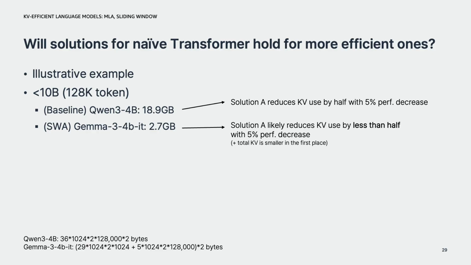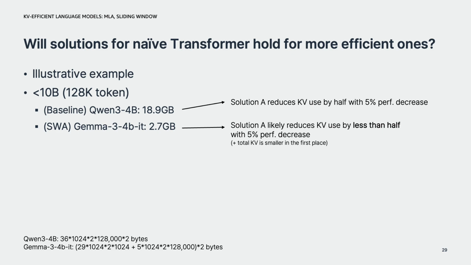This is because the KV of Gemma 3 is, I would say, more compressed, starting from training. And on top of this reduced compression ratio, the absolute size of KV is smaller in the first place. So even for the same compression ratio, the absolute amount of KV saved will be much smaller.